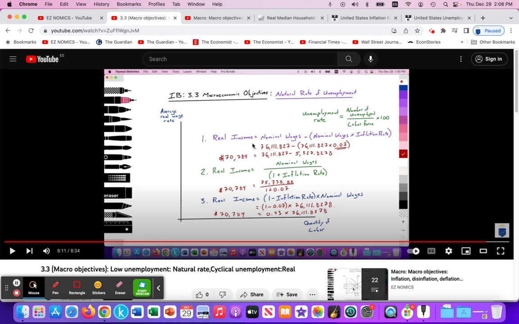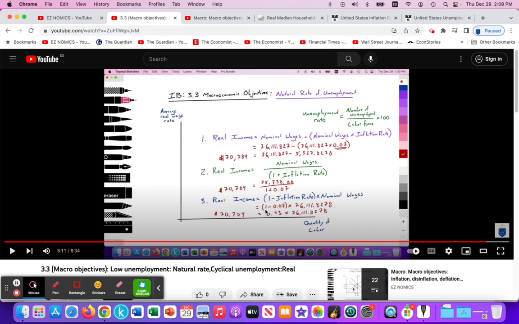So with the first formula, real income equals nominal wages minus nominal wages times the inflation rate, we assume that the nominal wage was approximately 76,000 minus 76,000 times the rate of inflation, and that gives us a real income value of 70,784. The second formula, we're looking at a nominal wage of 75,738 divided by 1 plus the inflation rate, gives us a value of 70,784.